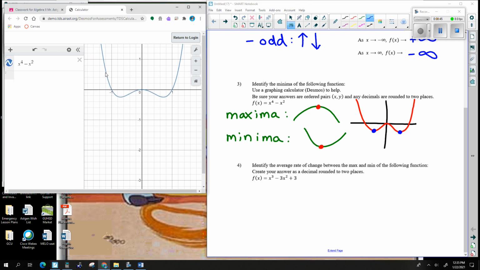And if I click on the graph, it brings up some important points. So if I need to know these minimas, I need to know that and that. So if you just hover your cursor over it, it should tell you what you need to get. So this has a minima at negative 7.1 and negative 2.5.